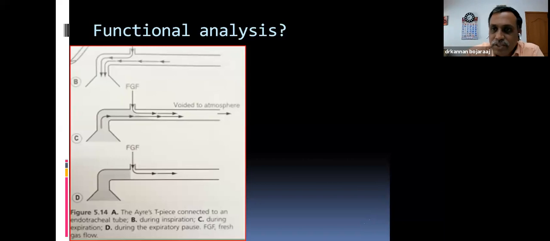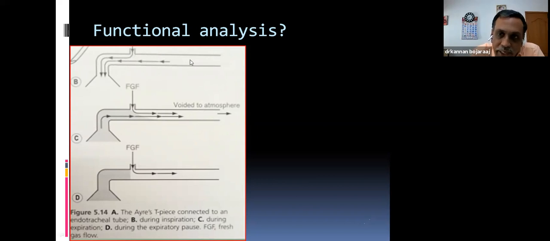With an inspiration of 0.5 seconds, we are using 2 to 3 times the minute ventilation as fresh gas flow. That is roughly a total fresh gas flow of 4 to 6 or 7 liters per minute, it may be. But the patient's peak inspiratory flow rate is 30 liters per minute. It will not meet the demand with the fresh gas flow alone.